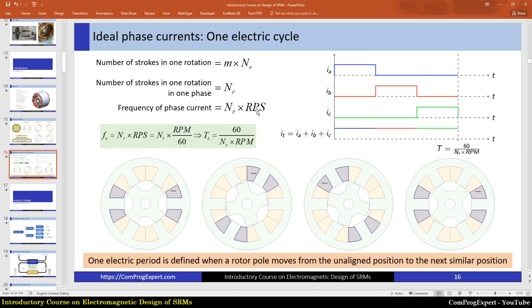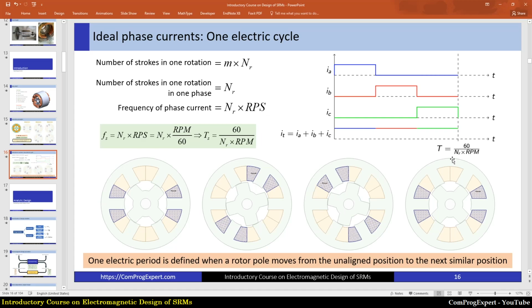So when we want to design high speed switched reluctance motors, we cannot increase the number of rotor poles, because we will have a high frequency current, the frequency of variation of flux density waveforms at different locations of the motor is high. We will have high iron losses. So for high speed applications, we should limit the number of rotor poles.